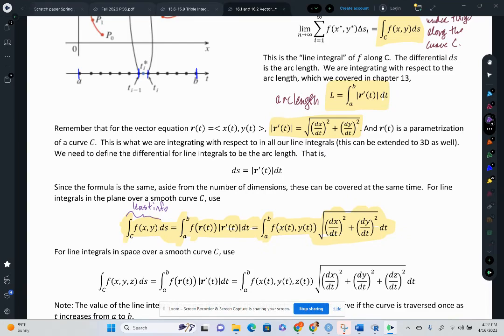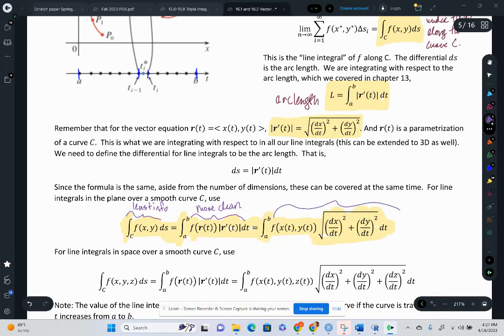But if I see this one right here, f of r of t times the magnitude of r prime of t, that's a lot more clear. That's telling me I need to take my scalar function f of x, y, and I need to replace all x's with whatever the x component of r of t is, and I need to replace all y's with whatever the y component of r of t is. And then I need to multiply that by the magnitude of r prime of t. So this is more clear.